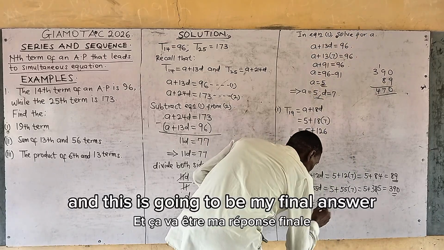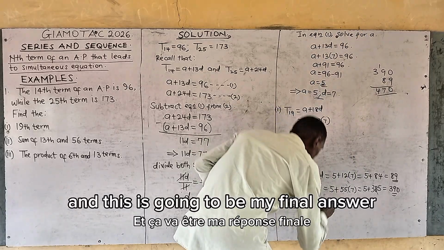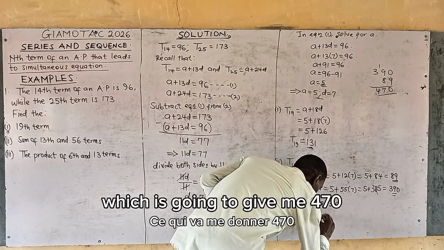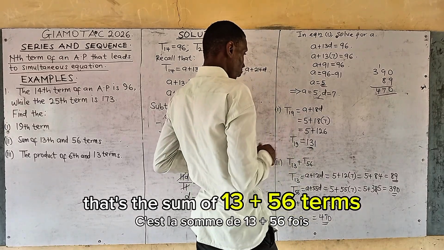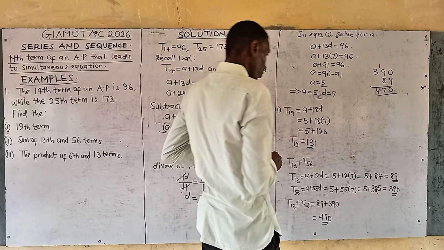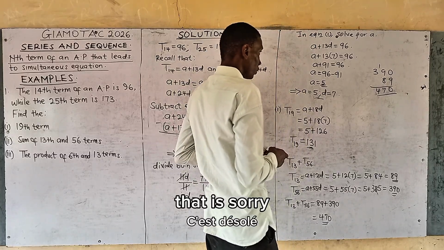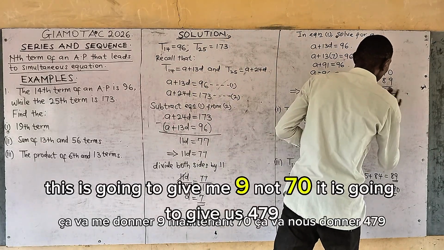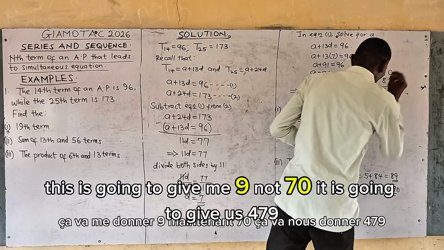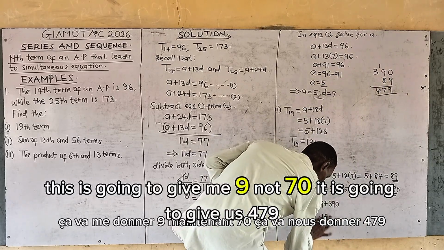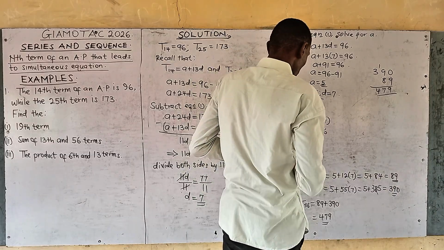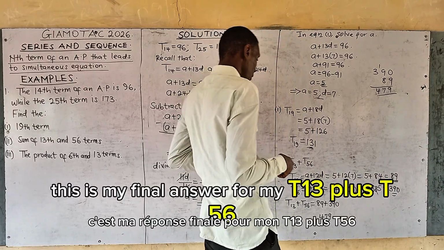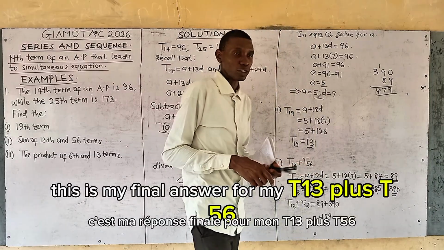That's the sum of the 13th and 56th terms. So this is going to give us 479. This is my final answer for my T13 plus T56.